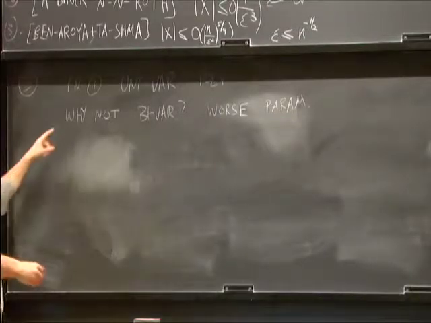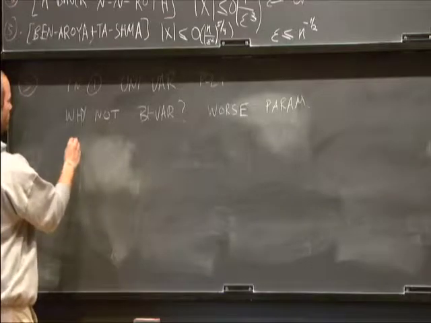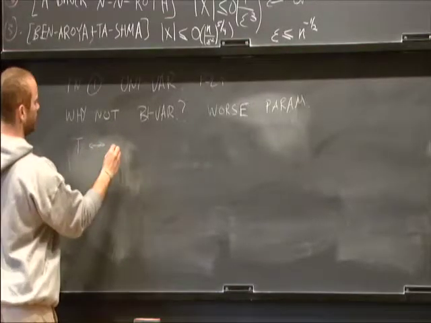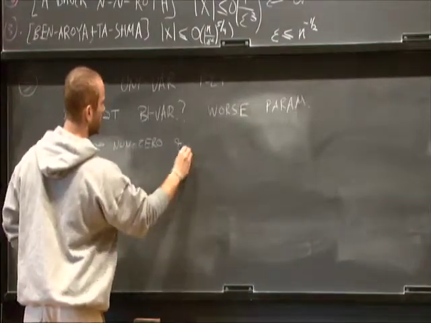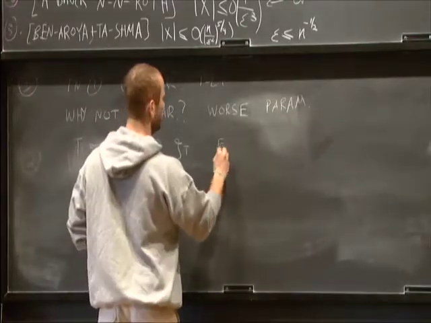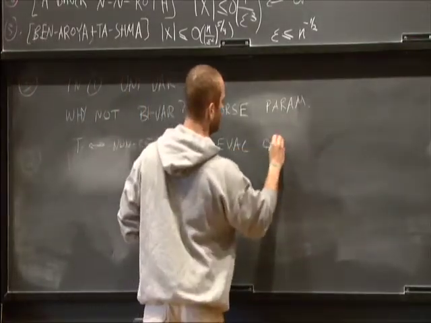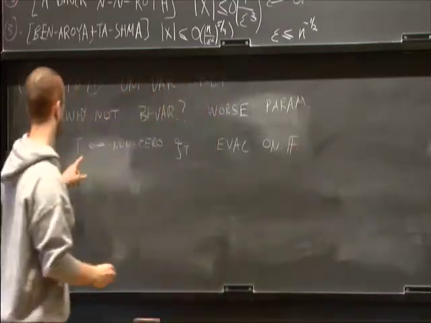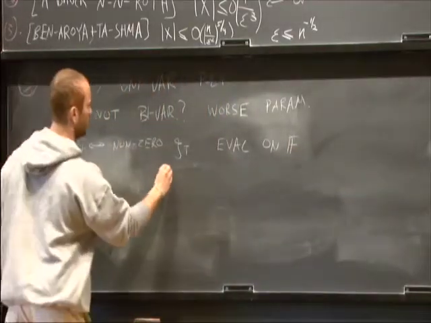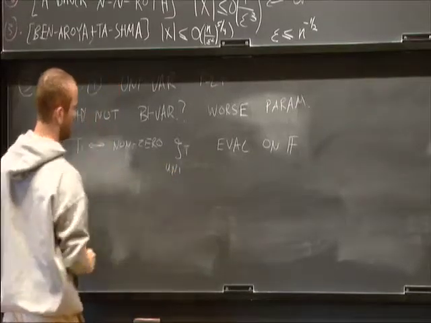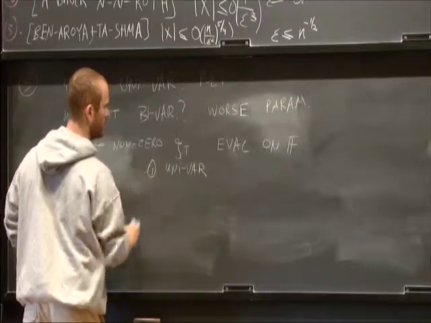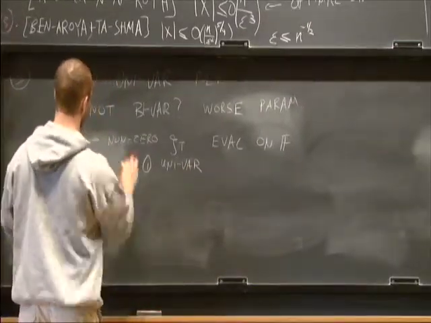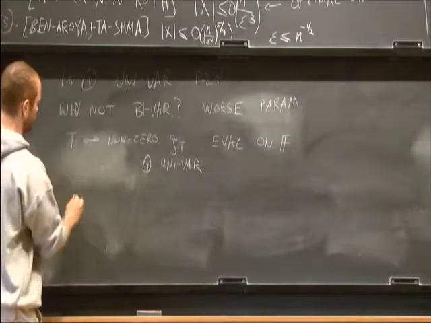So what did we do in the univariate case? We interpret the set T as some non-zero polynomial g of t, and then evaluate it on all the field. In the first step, this was univariate. In the bivariate case, we can try to do the same thing.